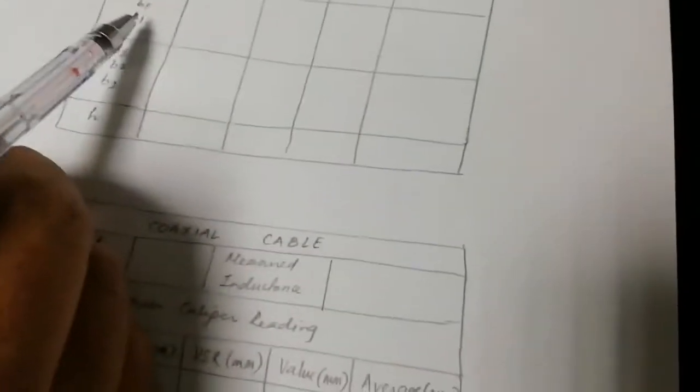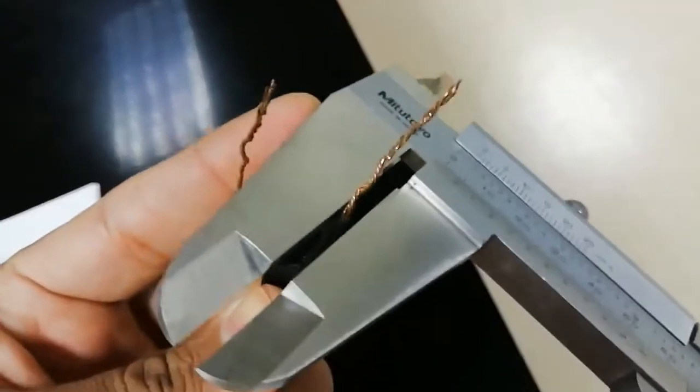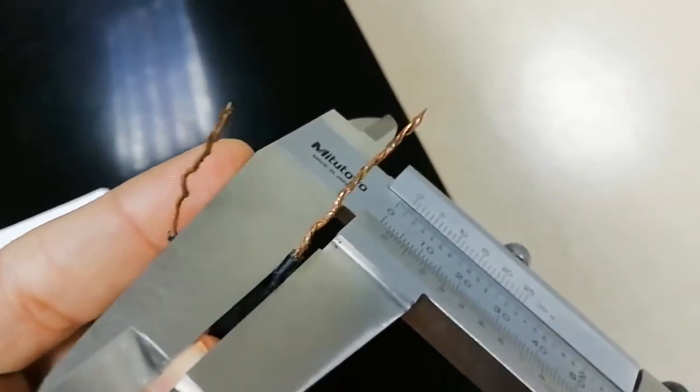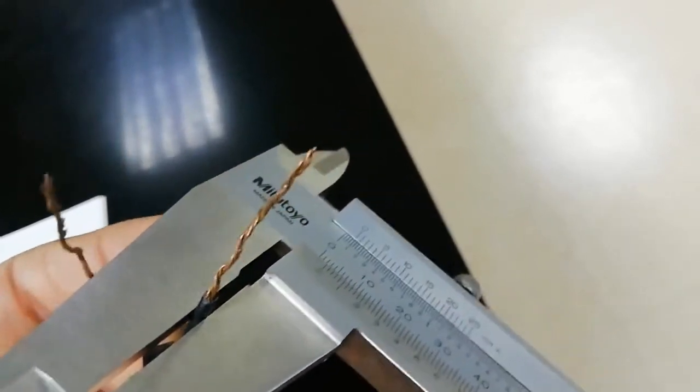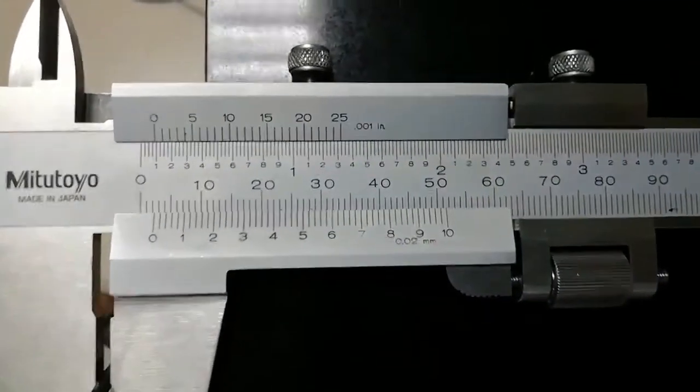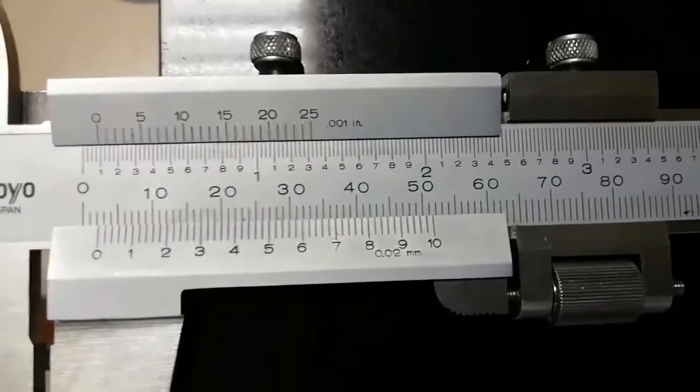Now B1. B1 is along with this dielectric. See here, it is with the dielectric. This is the first reading that you are going to take. Done.